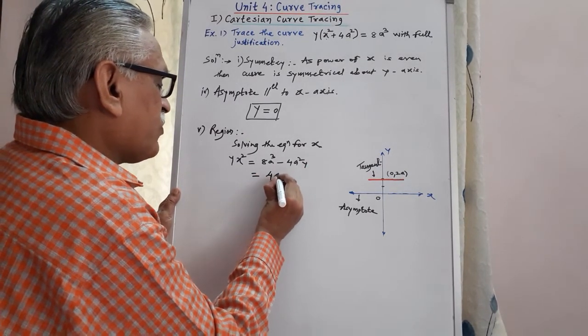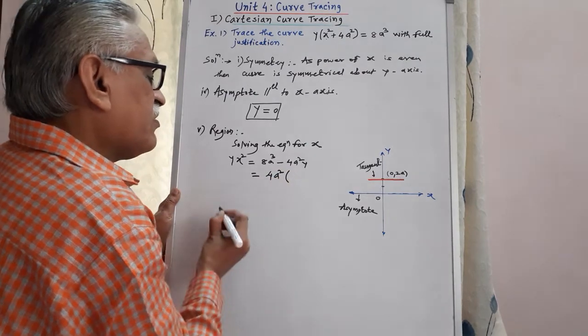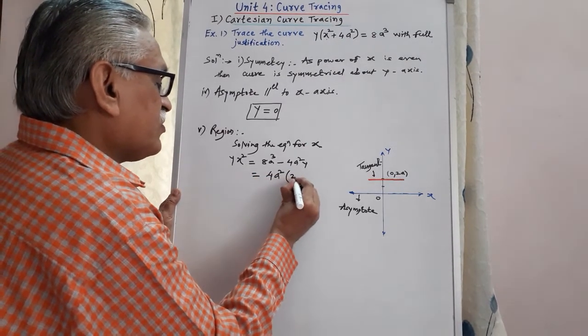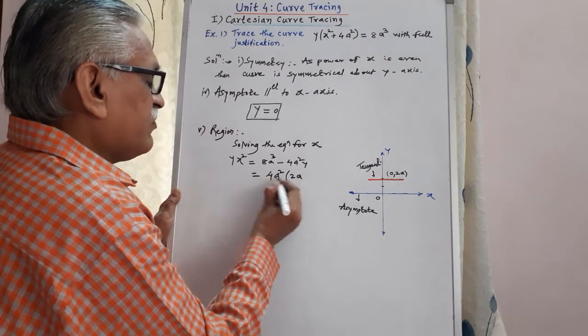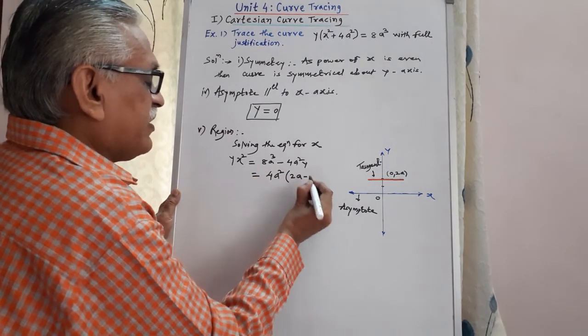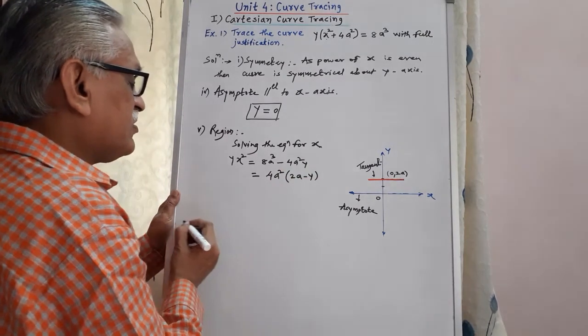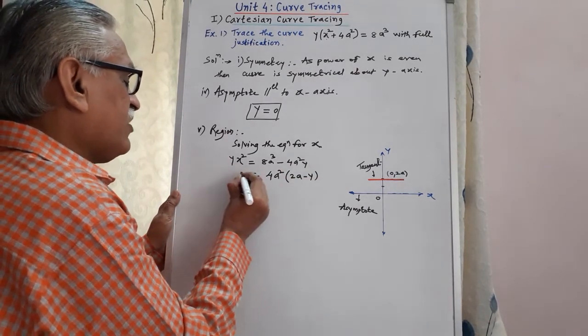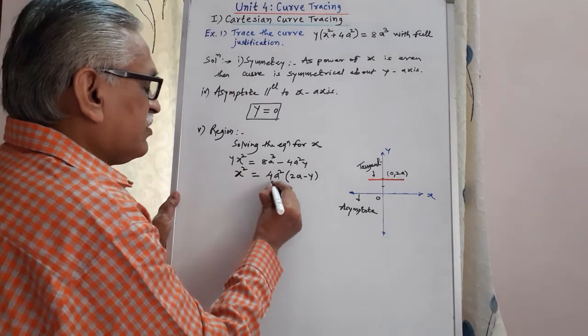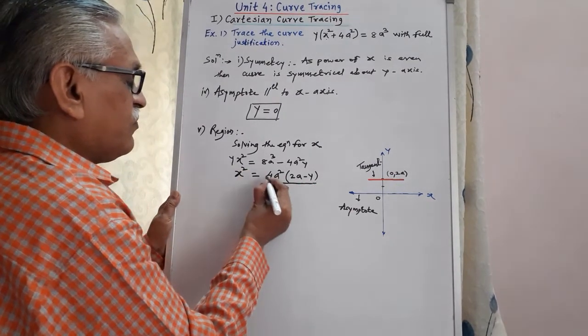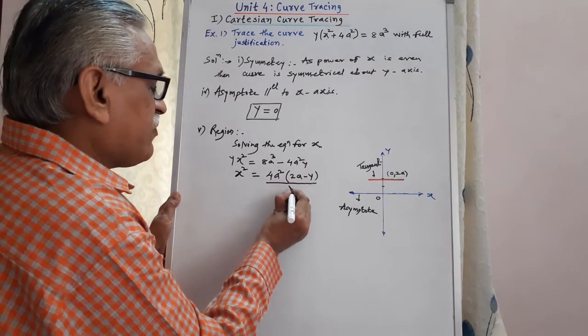We can take 4a square common. Here it remains 2a, if you multiply, we get 8a cube. Minus, from this if we take 4a square common, y remains. Then dividing by y, we get x square equals 4a square into 2a minus y divided by y.